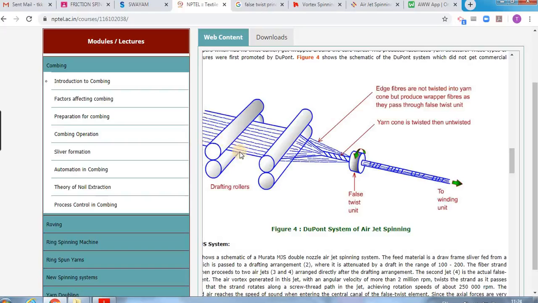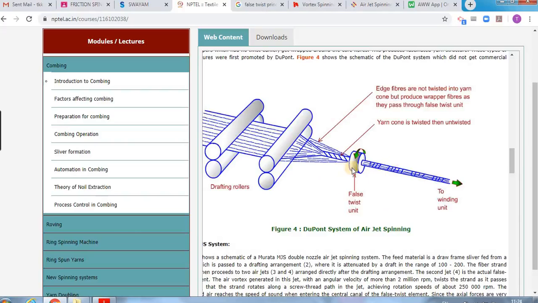So this is a normal drafting system, 4/4. Normally here the feed material is a sliver, right? When you are going for sliver, a 3/3 drafting system will not be suitable because we have to give 200 draft. So normally they will go with 4/4 drafting or 5/5 drafting. So this drafted strand is coming out.